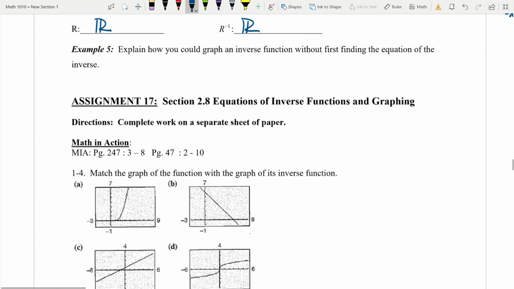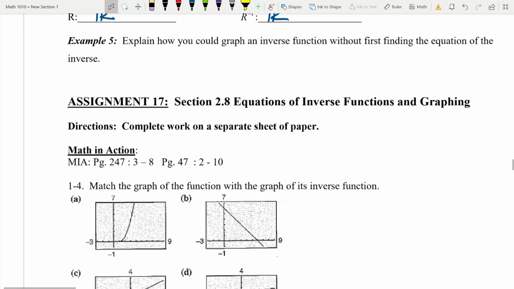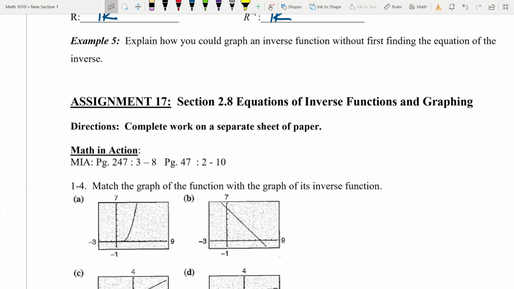Okay? Okay, so question 5, explain how you could graph an inverse without first finding the equation of the inverse. Well, that's what we keep doing, okay? So here's what I would do. I would say first, I would graph the original equation.